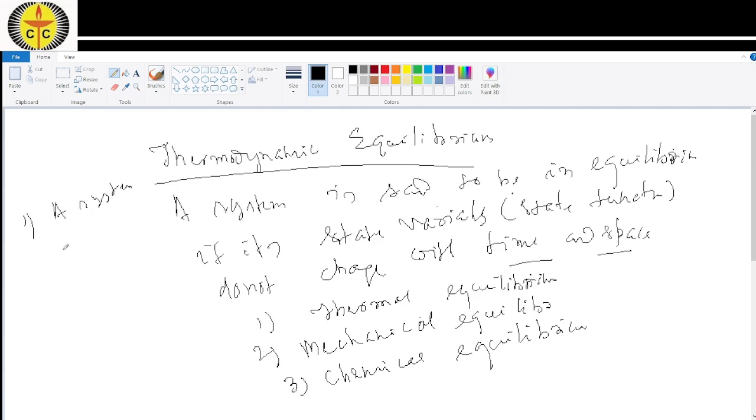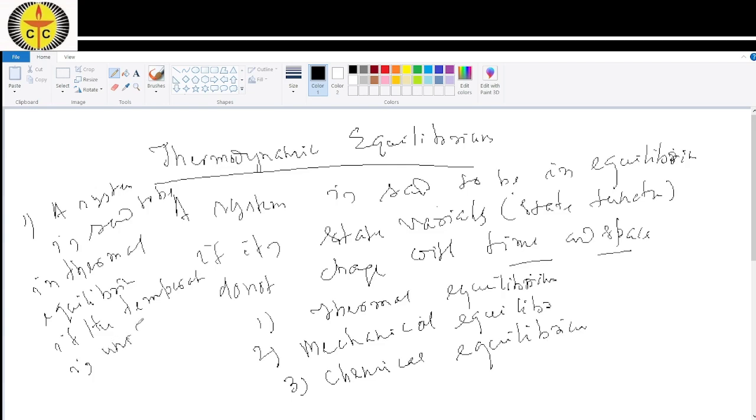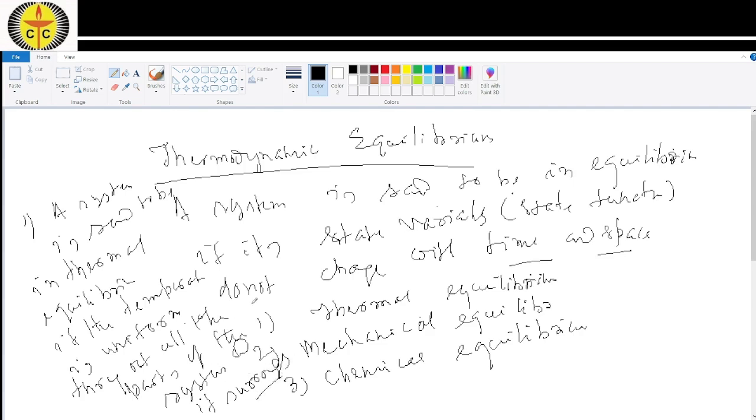A system is said to be in thermal equilibrium if the temperature is uniform throughout all the parts of the system and its surroundings. You know, system and surroundings.